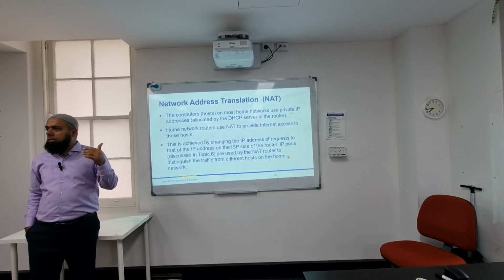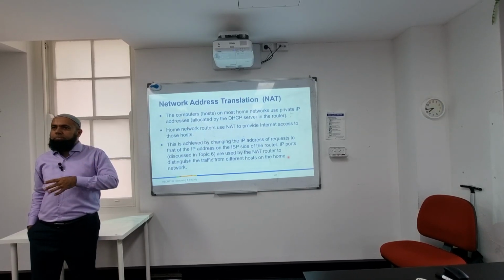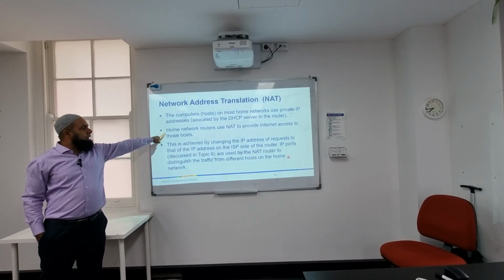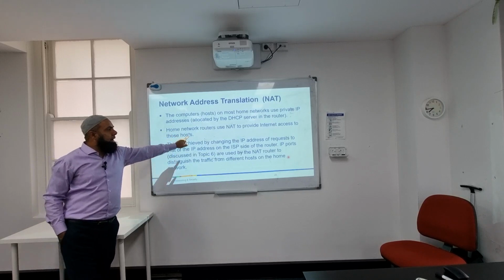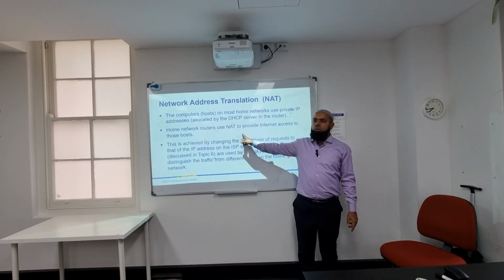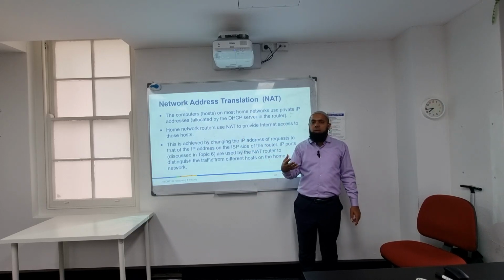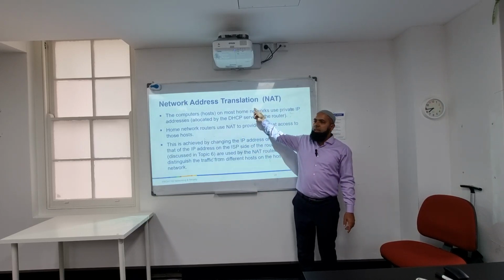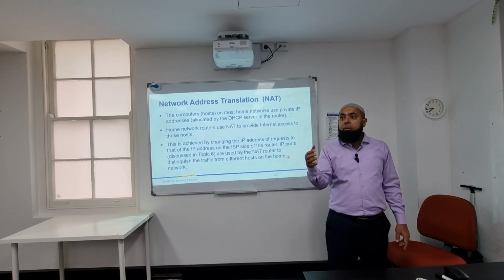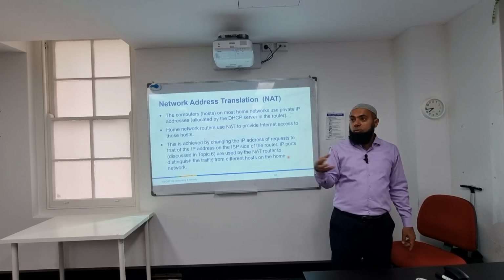But as soon as you're jumping toward the global one, what are the home network routers using? They are using NAT to provide internet access to these hosts. So something else comes into play to give you a public IP address so that you can work on that.